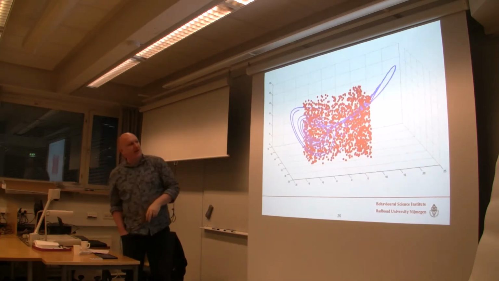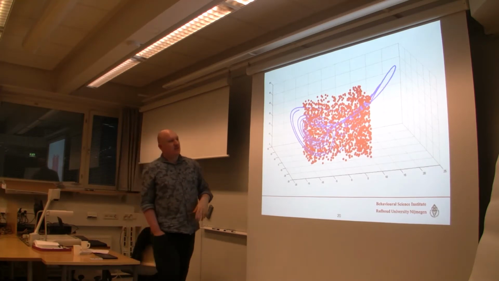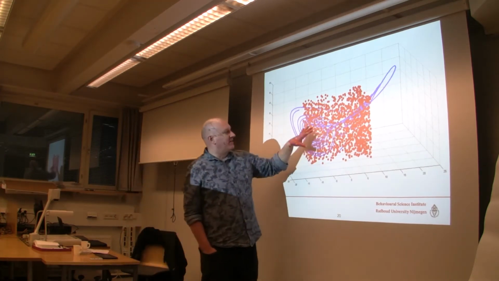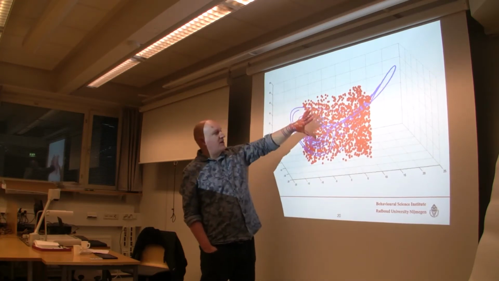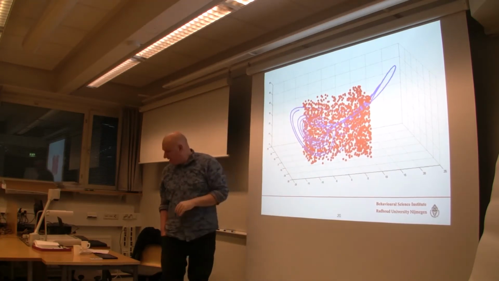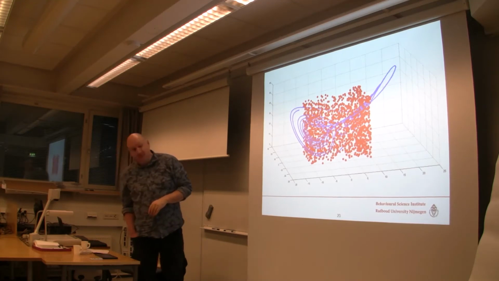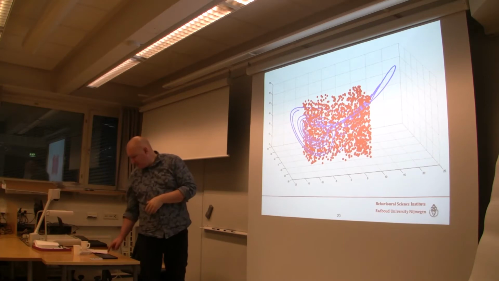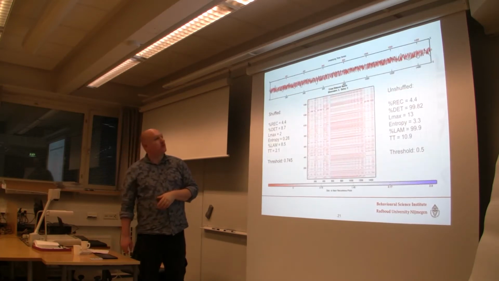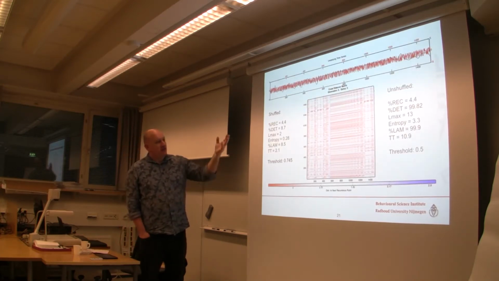It would look something like this, for instance, if here you have the Lorentz system, and this was the sine wave here, but now I've shuffled it all, and I can again calculate the distance between all these points, and plot it as a recurrence plot. You see something like this.